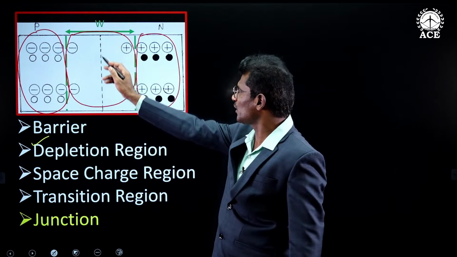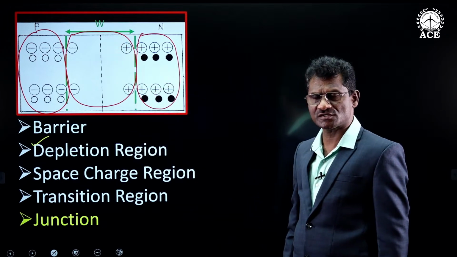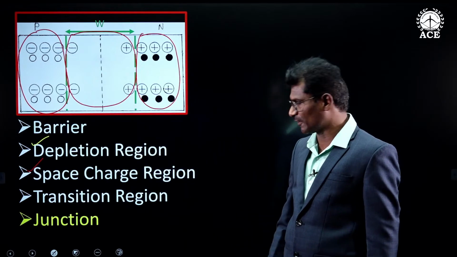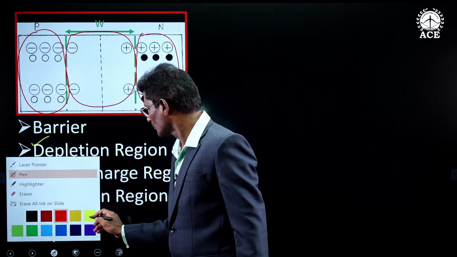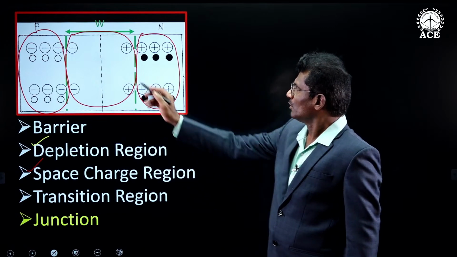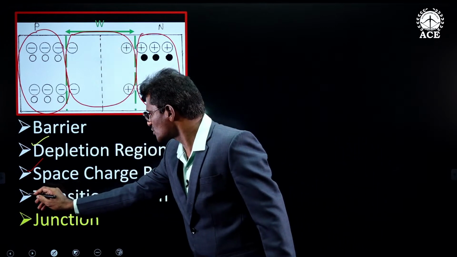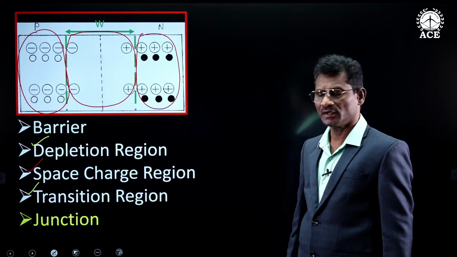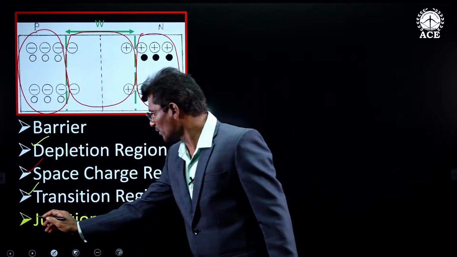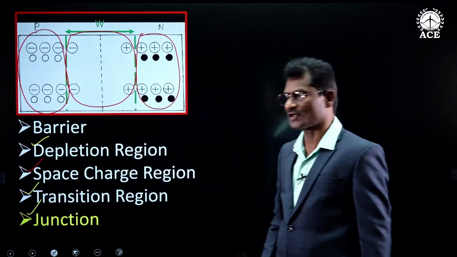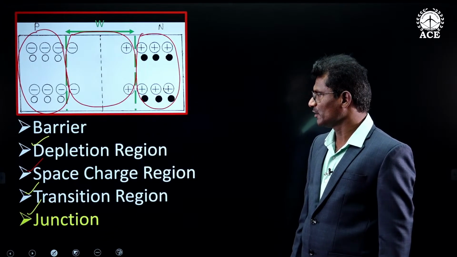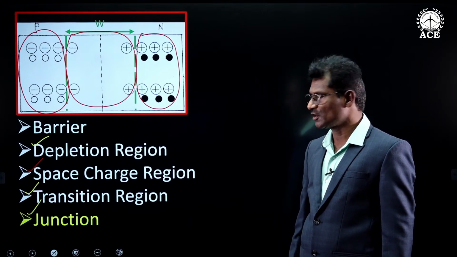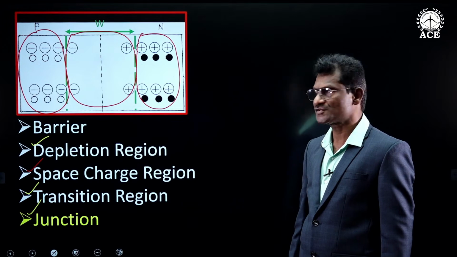So this is the only region where charges are existing and hence given the name space charge region. Now, this is also given the name transition region. Why? Because it is separating two neutral areas. And it is given one more name called junction. So barrier, depletion region, space charge region, transition region or junction all mean the same.